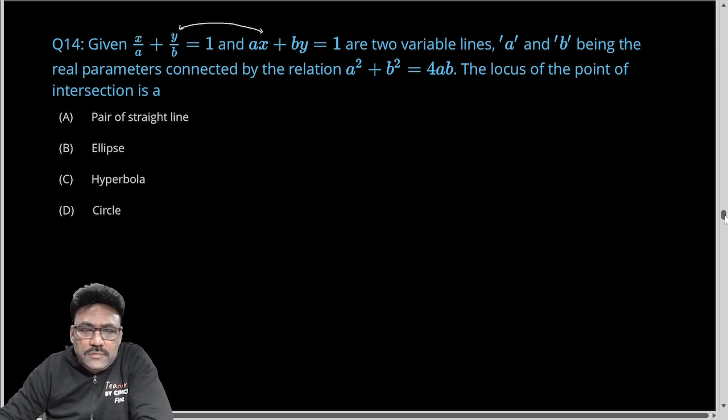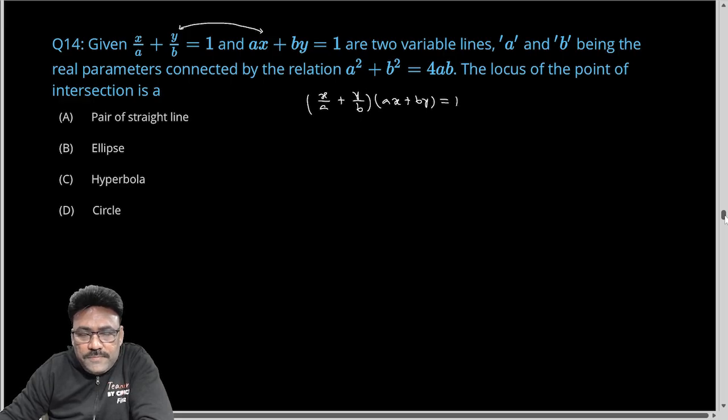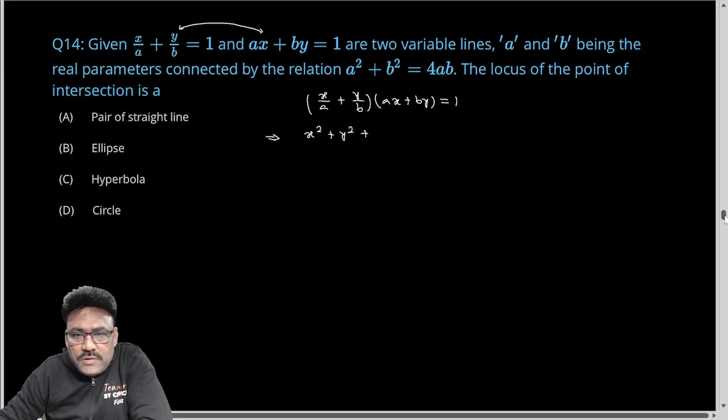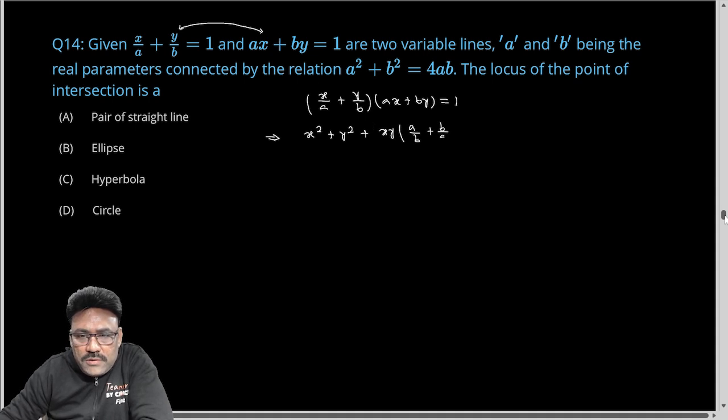So what I will do here, just multiply these two given equations. So if I multiply x over a plus y over b and ax plus by, so it is 1. Now let's multiply. So you are getting x square plus y square, then you are getting xy common, a over b plus b over a. Just multiply these two equations, you will get this.